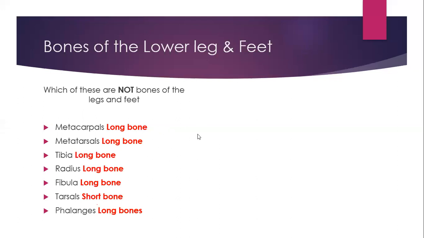Right, so I'm going to tell you that the two bones which aren't in the lower legs and the feet are your metacarpals and your radius. So here's a little extension question for you. Can anybody tell me where your radius and metacarpals are actually located? Can anyone hazard a guess?